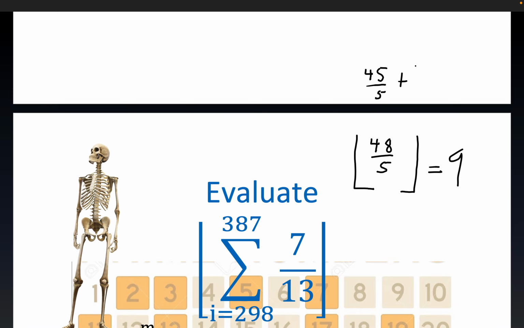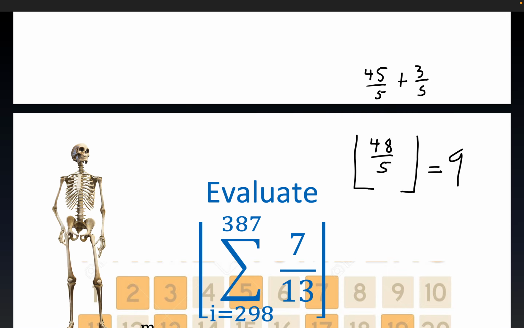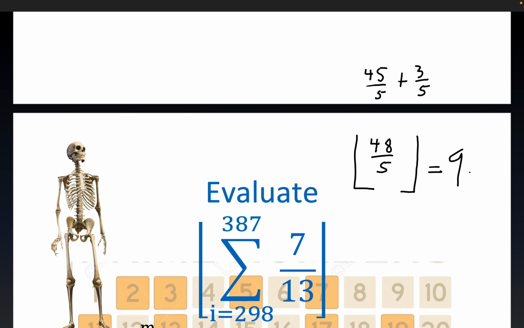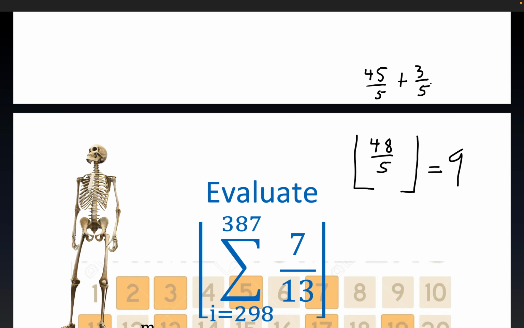The math's easy to do in your head, but it's called the greatest integer function because 9 is the greatest integer that is less than the input argument. It's less than by 3/5.